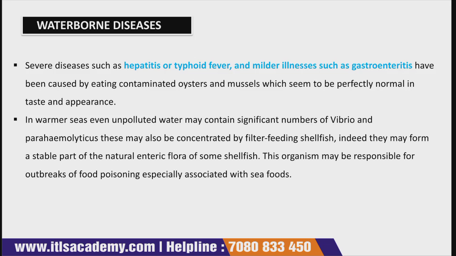In warmer seas, unpolluted water may contain significant amounts of vibrios, and these vibrios may also be concentrated by filter feeding shellfish. Indeed, they may form a stable part of the natural aerobic flora in some shellfish. These organisms may be responsible for outbreaks of food poisoning, especially associated with seafood.